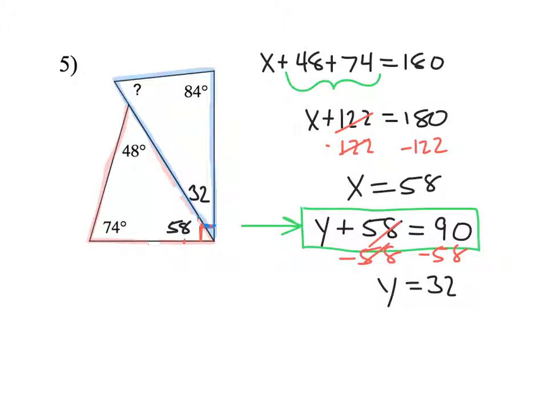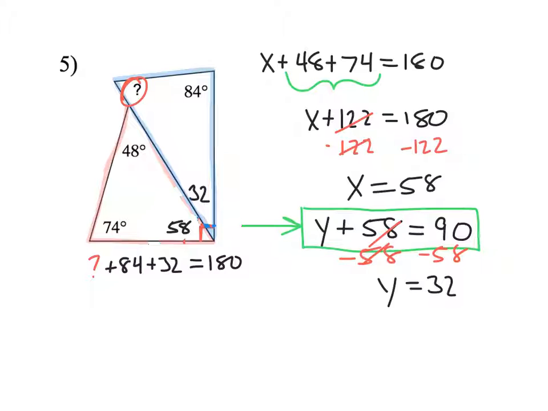This triangle finally holds the angle we're trying to solve for. We're trying to solve for that question mark up there. We know the other two angles, so we can write question mark plus 84 plus 32 equals 180.